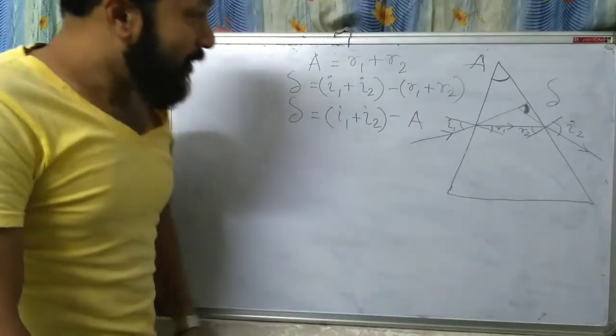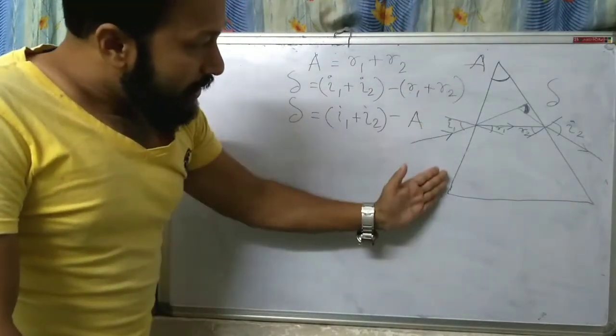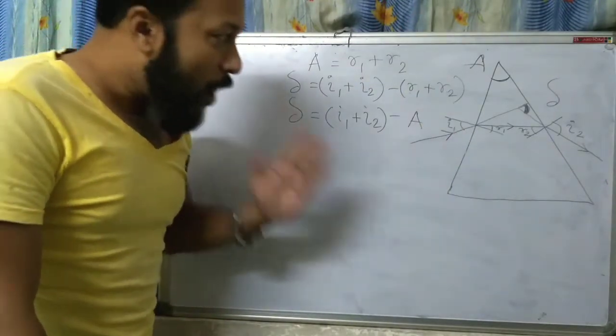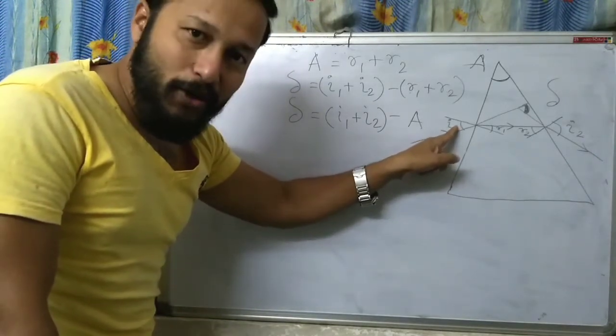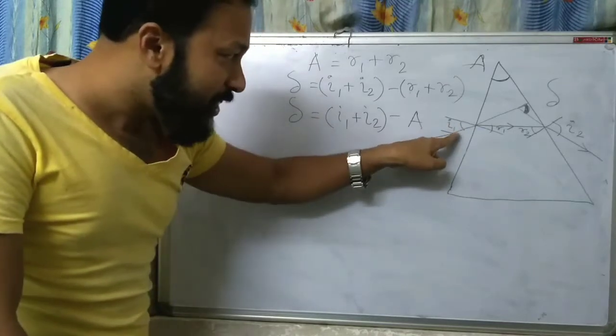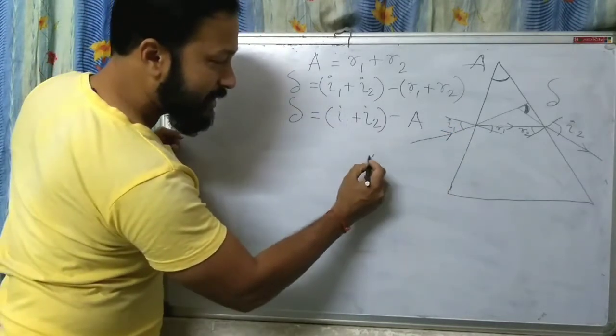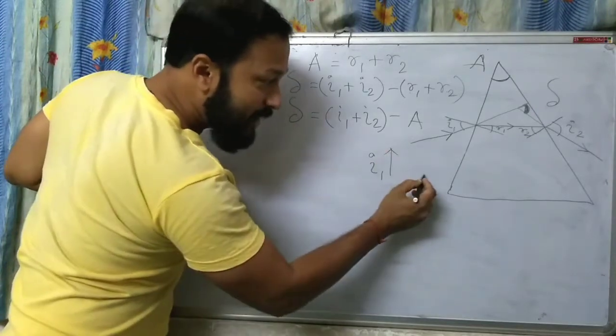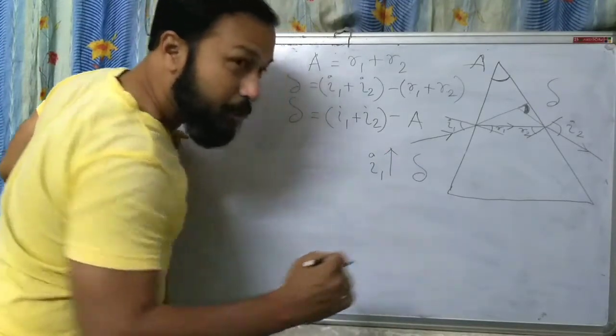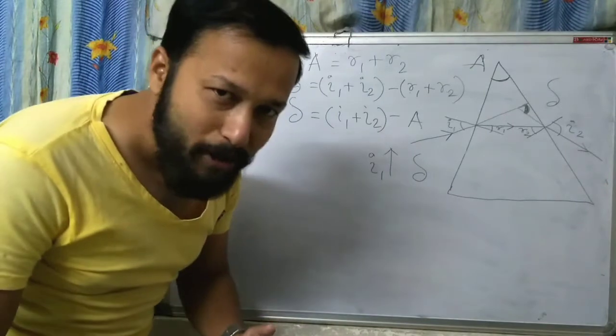Yes. Now this is the prism, and we are going to change the angle of incidence. We'll increase it and see how the angle of deviation behaves. You understood my question?